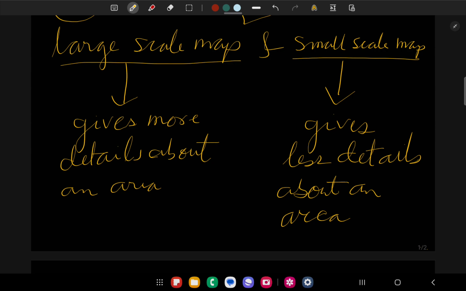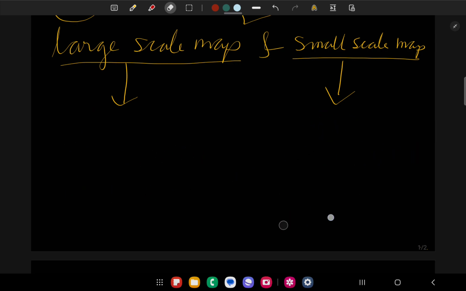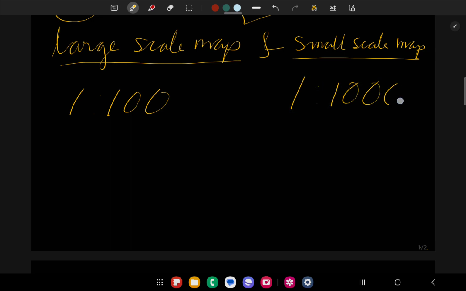So how do you know by looking at the scale whether the map is a large scale map or a small scale map? Let's find it out. We should compare. So let's take an example. Suppose I take a scale like this, 1 is to 100, and another scale as 1 is to 1000.